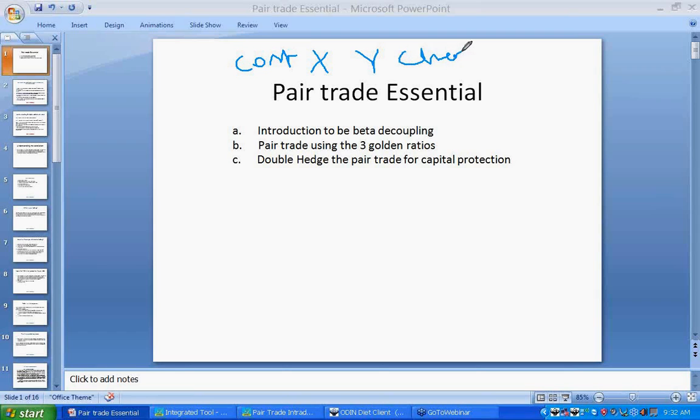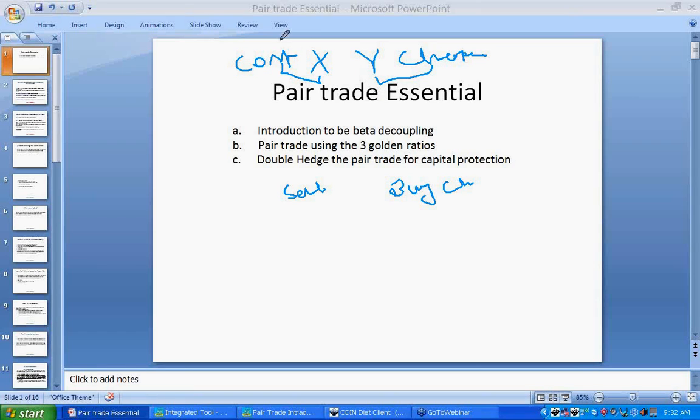After doing this analysis, we will be selling the costlier counter and simultaneously buying the cheaper counter. So this is how the trade will go on. This process of selling a costlier counter and buying a cheaper counter simultaneously is known as pair trade.